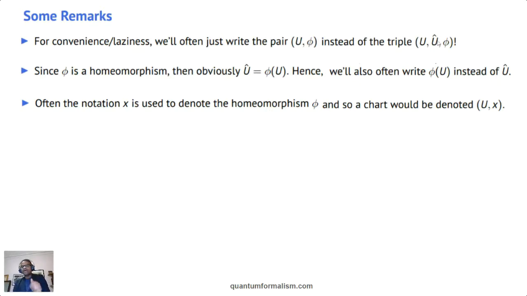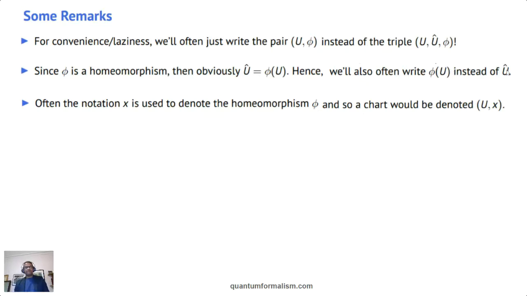We don't write the region in Rn for now anyway. And because phi is a homeomorphism, phi hat is nothing more than the image of the entire open set U, right? So I will be writing just phi of U instead of U hat.